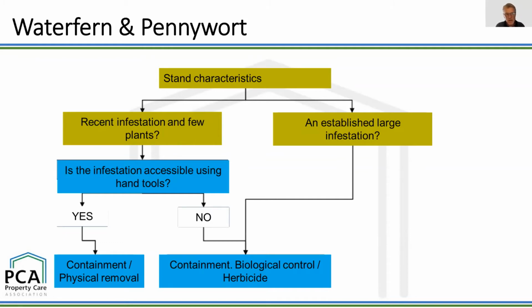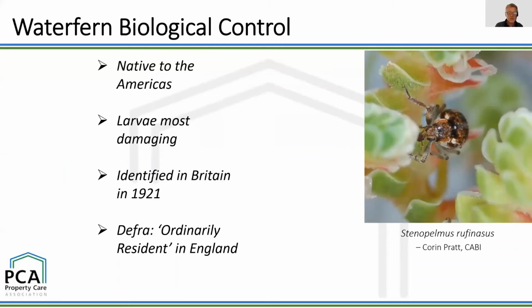If you can, then try and contain it, collect it, physically remove it, and put it on the bank where it can't be washed back in again. If it's not accessible, then try and contain it. There might be the possibility to use herbicide control or mechanical control, but there is also the option of biological control.